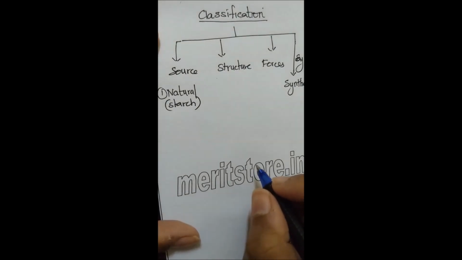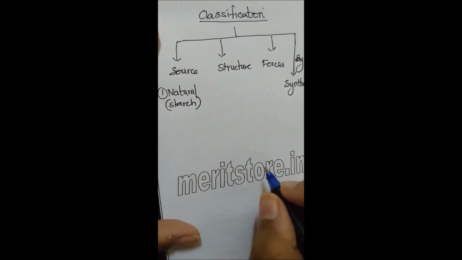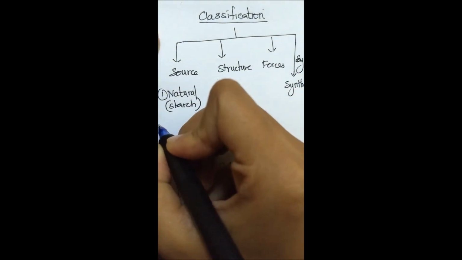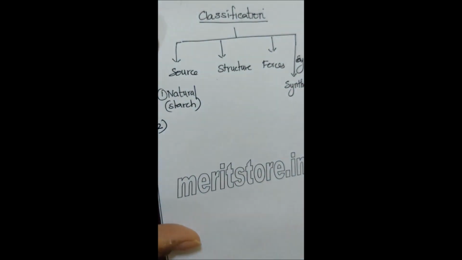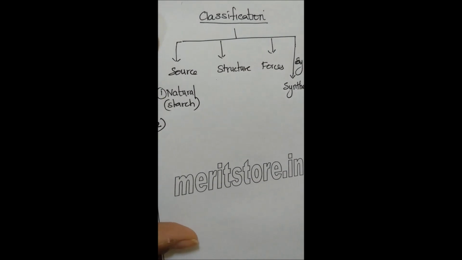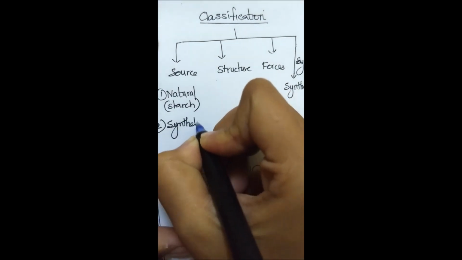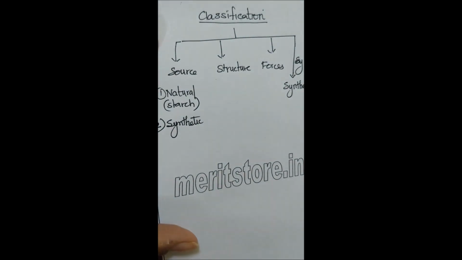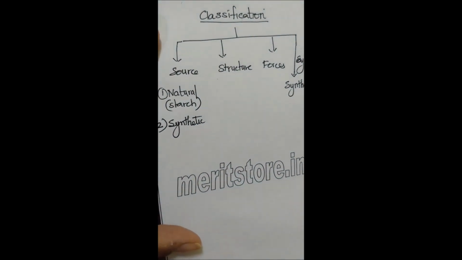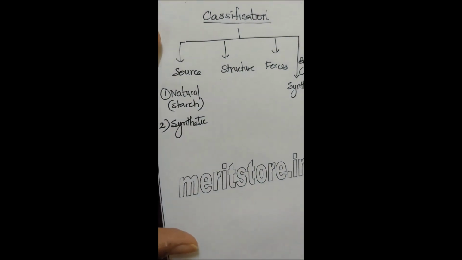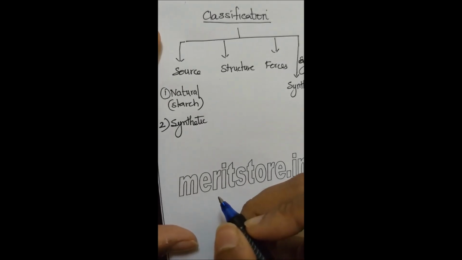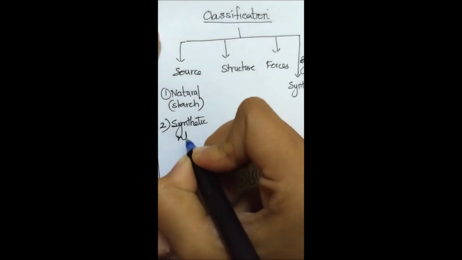The second type is synthetic polymers, those that are prepared in the laboratory. An example of a synthetic polymer is rubber.